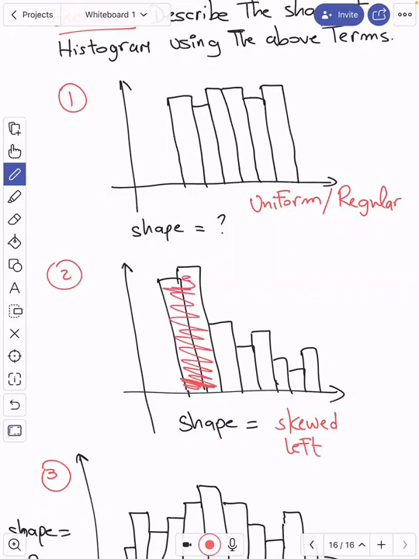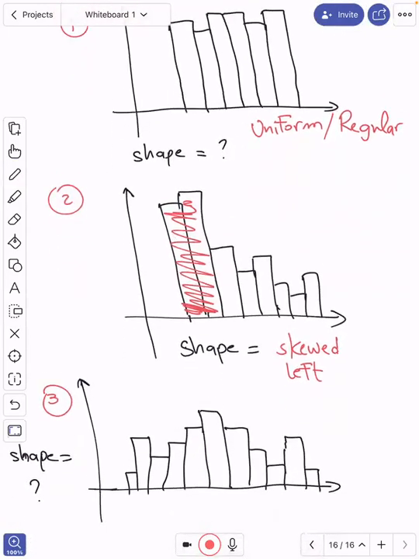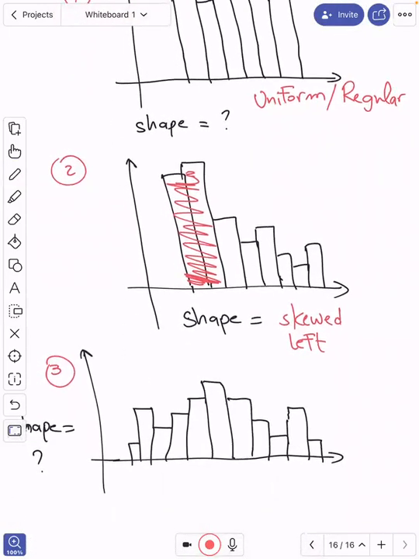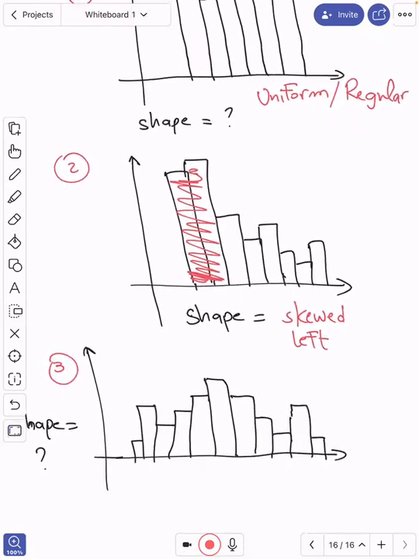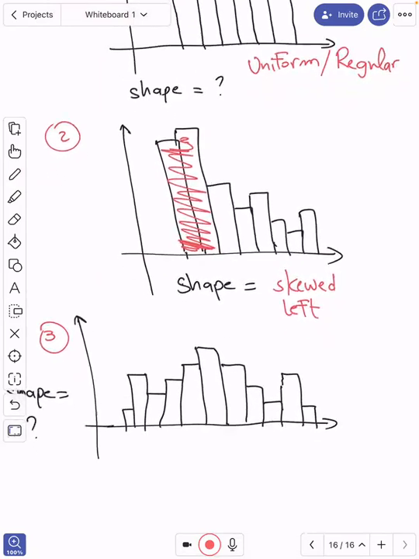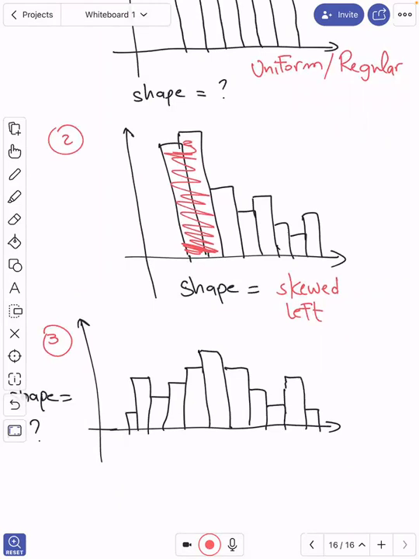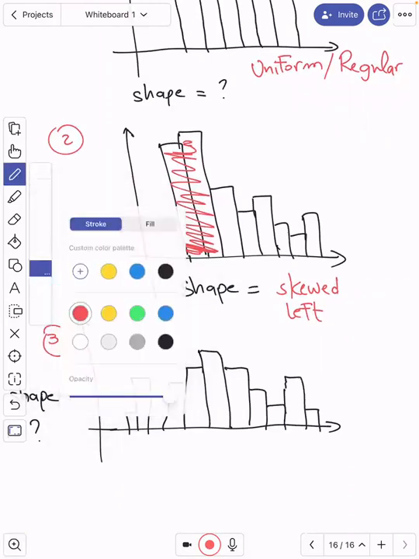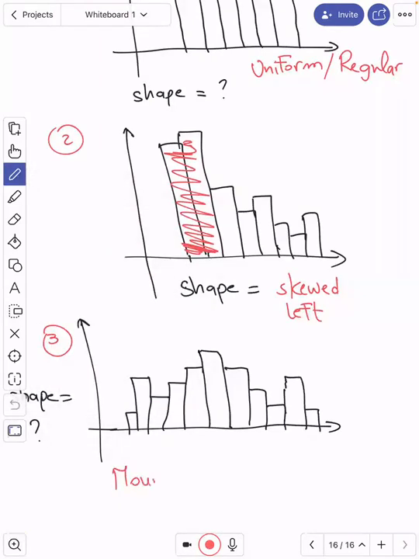And then for number three, as you said, the number three would be mound shape, symmetrical. So for number three here, it's mound shape, symmetrical. As you can see, it's symmetric about the center.